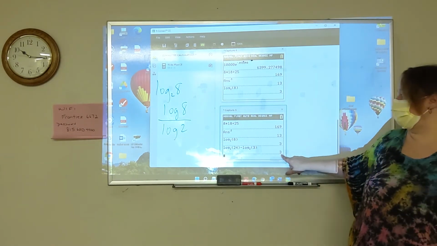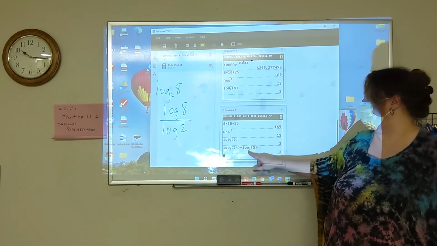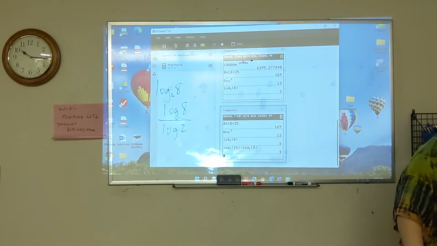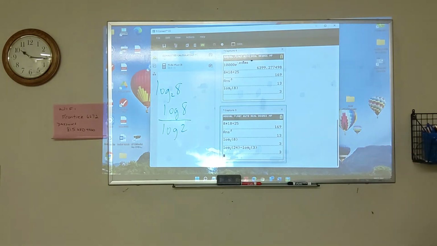And again, if you're not doing that, it's log of 24 divided by log of 2 and log of 3 divided by log of 2, and then subtract the two values, and you should get something close to 3. So the left side of this equation is 3.